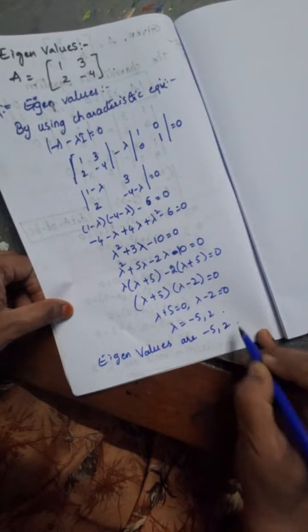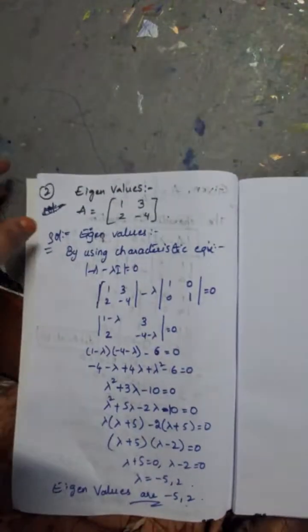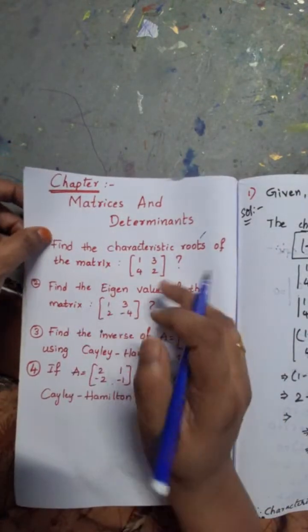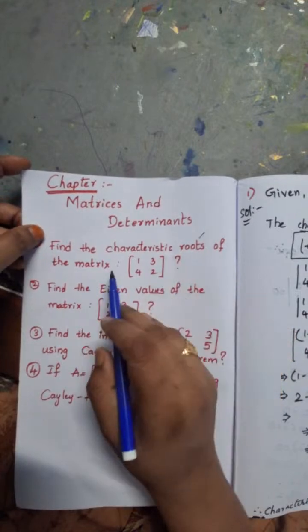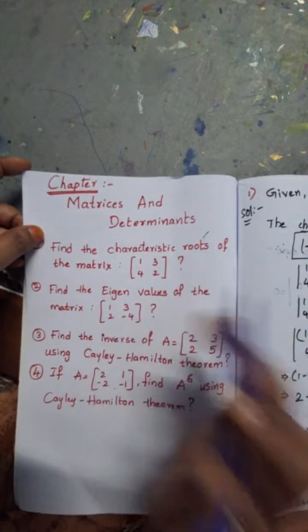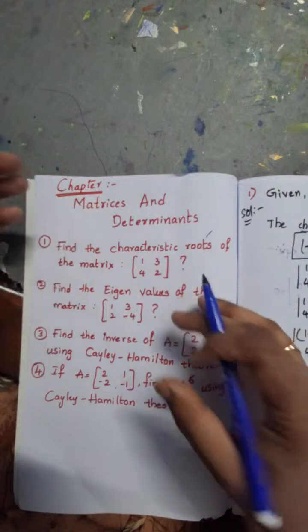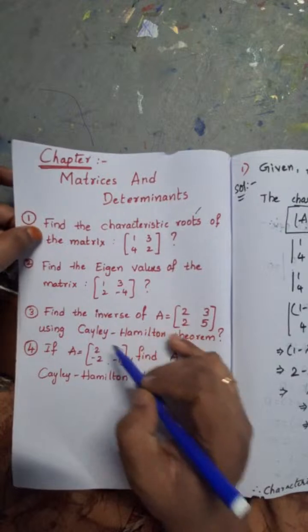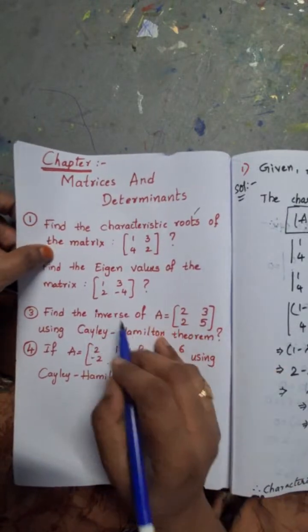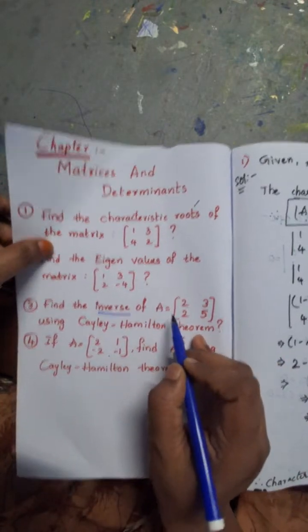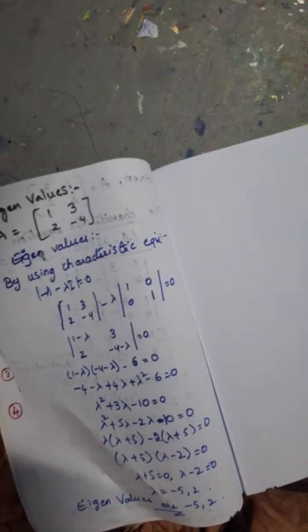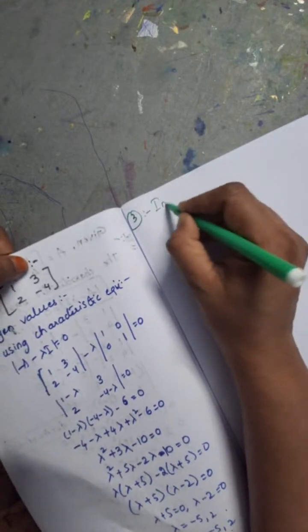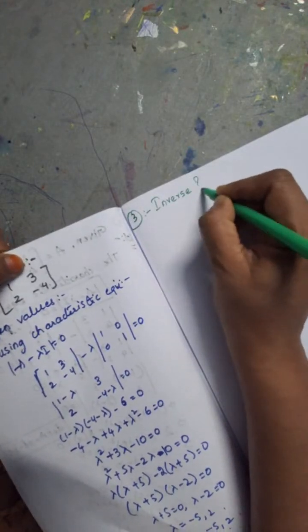So the same problem is repeated but asked in a different way, that is, find the characteristic roots of the matrix, find the eigenvalues of the matrix. Same, but in different ways. Next, by using the Cayley Hamilton theorem we have to find the inverse of A. Third one, very important: find the inverse.